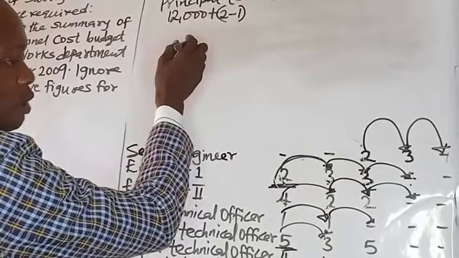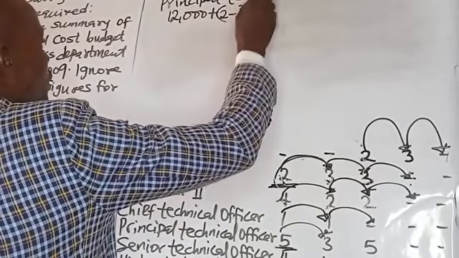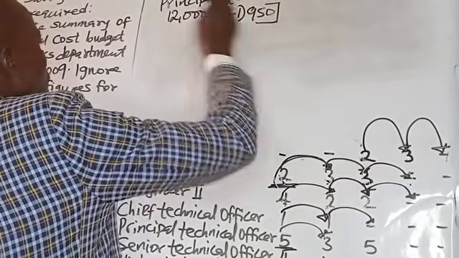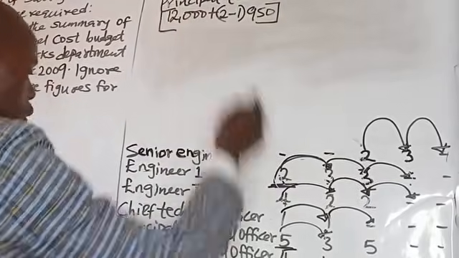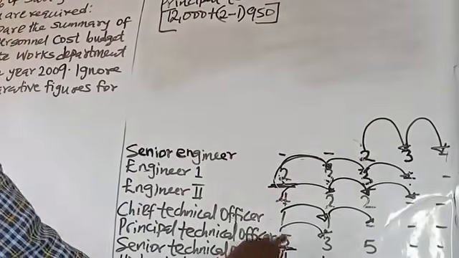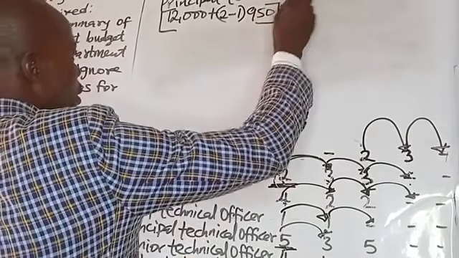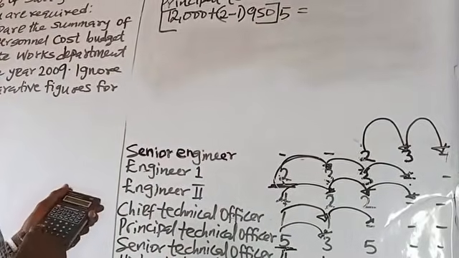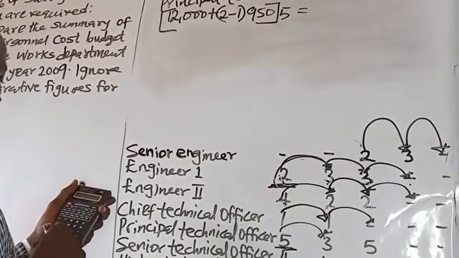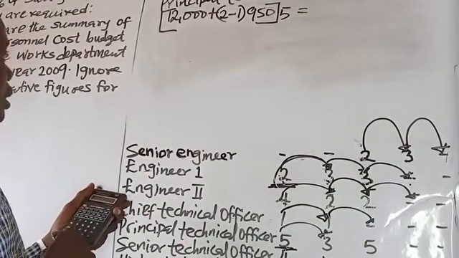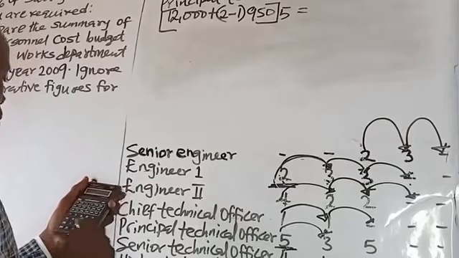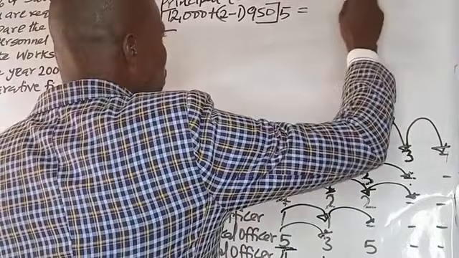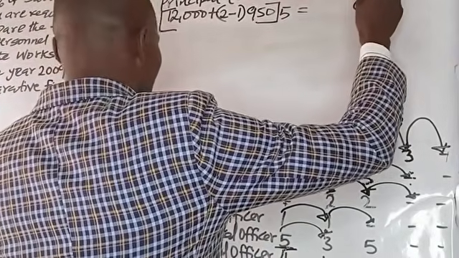For Principal Technical Officer, the increment is 950. And the number of employees now moving to step 2 is 5. So 2 minus 1, that is 1. 1 times 950, 950. 950 plus 12,000, that is 12,950, times 5 employees. So we have 64,750.